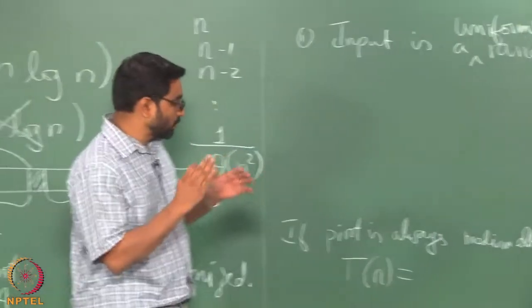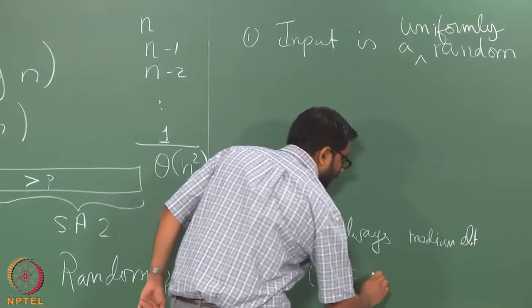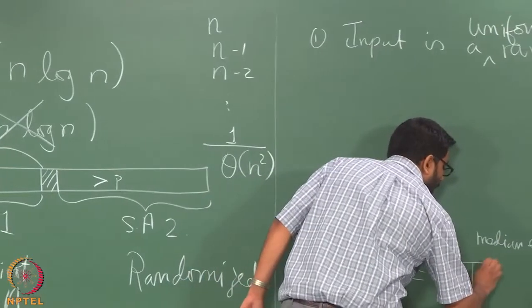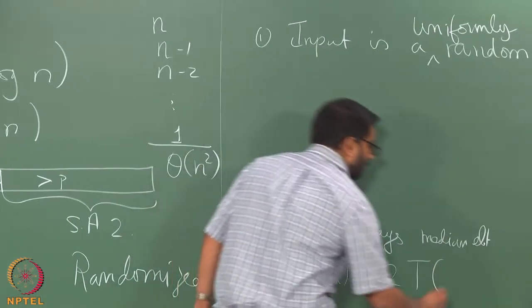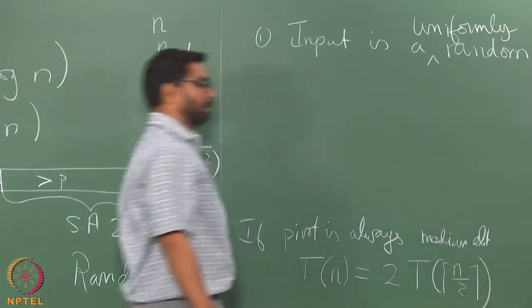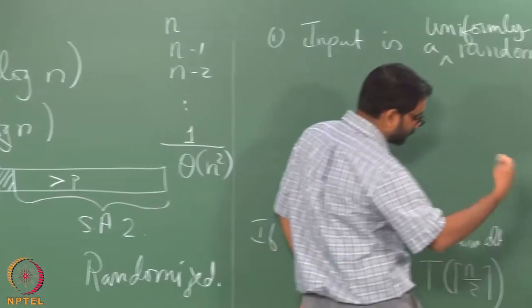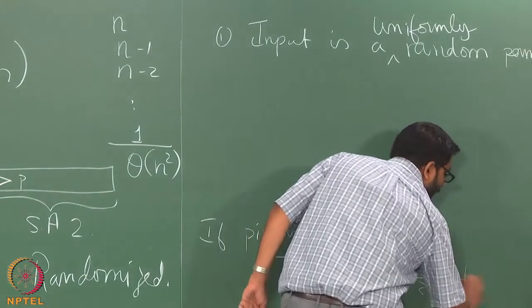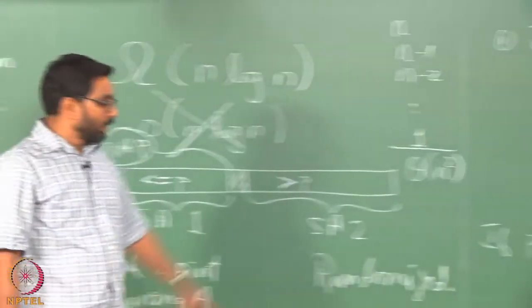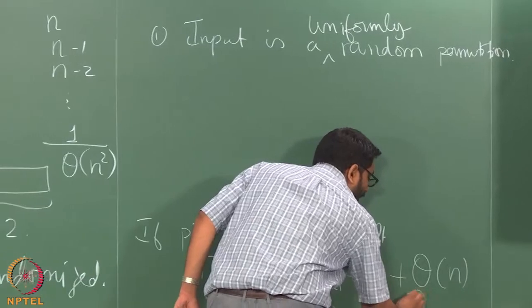The nice thing is, since you are going to use the median to split the problem, you're going to get two subproblems. Each one of them is going to be no more than the ceiling of n by 2. Plus, you'll have to spend some time arranging them, the smaller elements to the left of the pivot, larger elements to the right of the pivot, and so on. So that's going to be theta of n. Okay. And this, we know, is, well, another exercise for you.